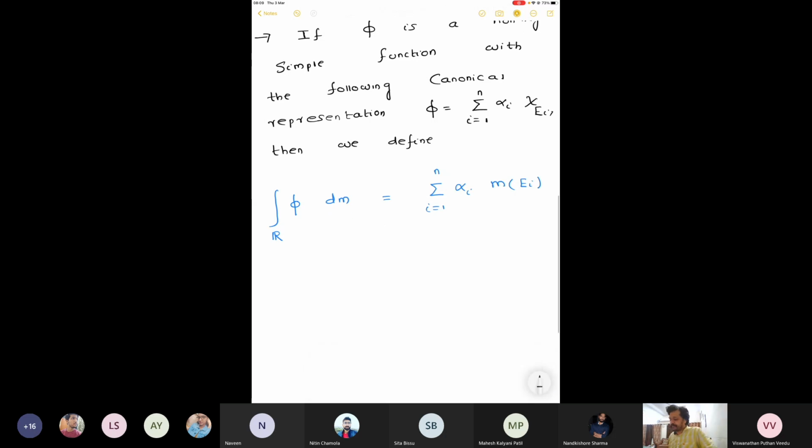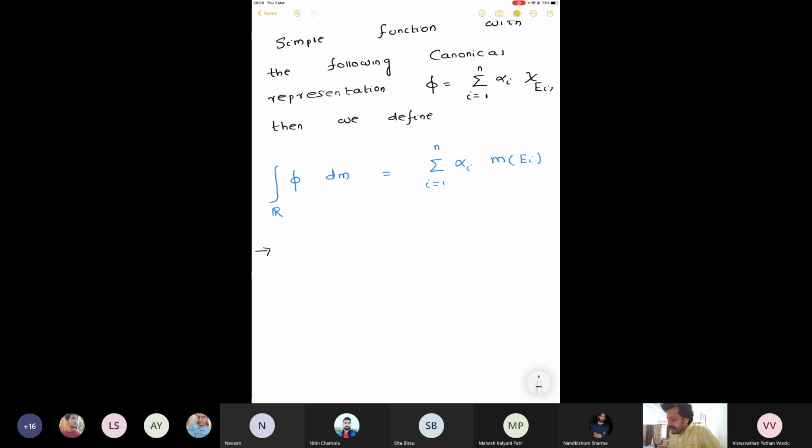But before that, let me also recall the following. The definition of the integral of a non-negative simple function depends upon its canonical form. But we have seen through a lemma that even if phi is not in canonical form, we can write the integral of phi. Let me recall that once again.